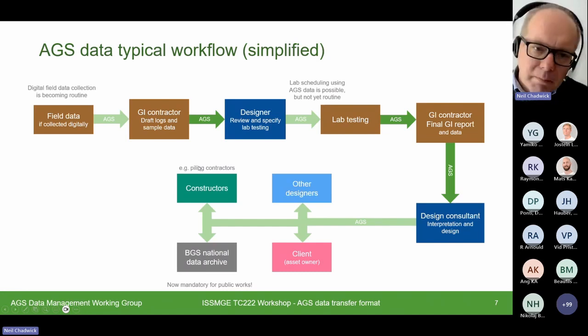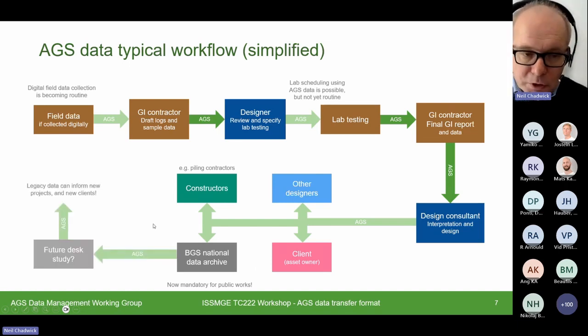There may be piling contractors, for example, who might want to see it. Good clients will be taking an interest. And we also have our British Geological Survey as well, who have always collected data, but now they're actually collecting AGS data as well. And they are making it available to us to inform new projects.